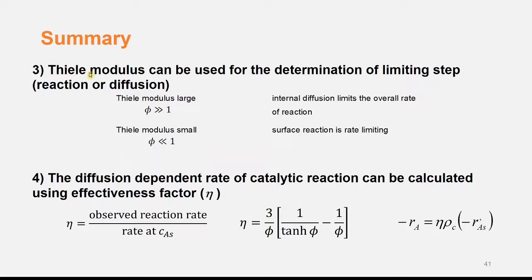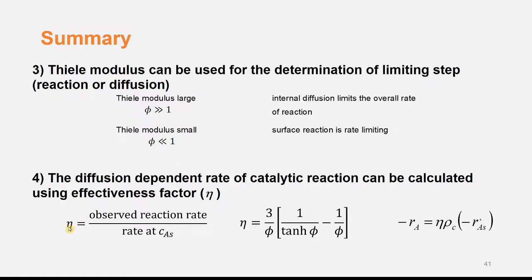The value of the Thiele modulus indicates whether the catalytic reaction is surface reaction limited, so for small Thiele modulus, or diffusion limited, when the value of the Thiele modulus is large.